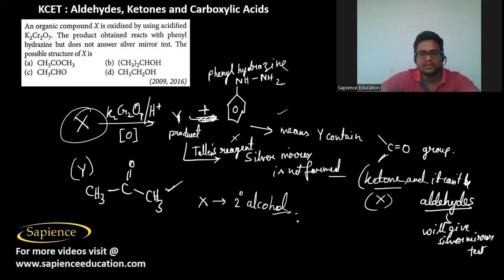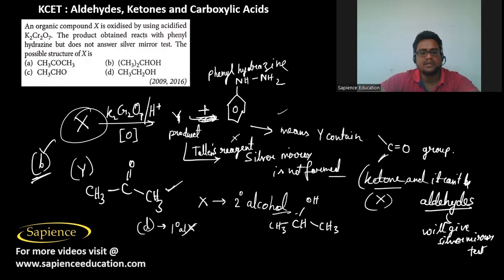It means that it should be CHOH, CH3, CH3. And in option B only we have 2-degree alcohol, and in option D it is a 1-degree alcohol. So D can't be the answer. So option B only is the correct answer, since it is the only 2-degree or secondary alcohol.